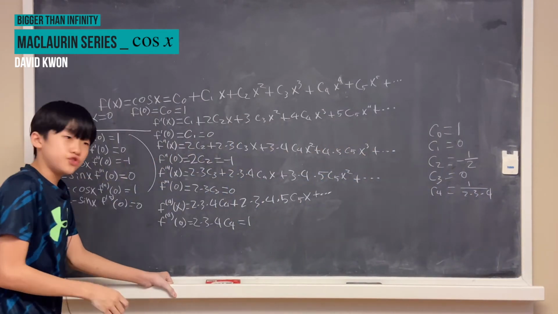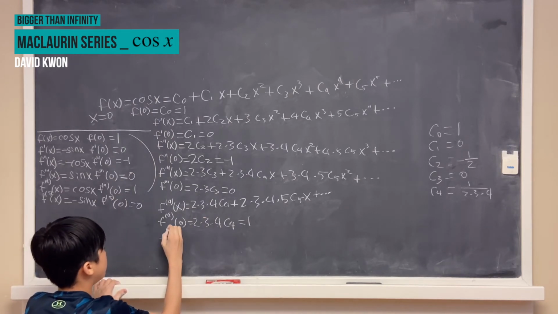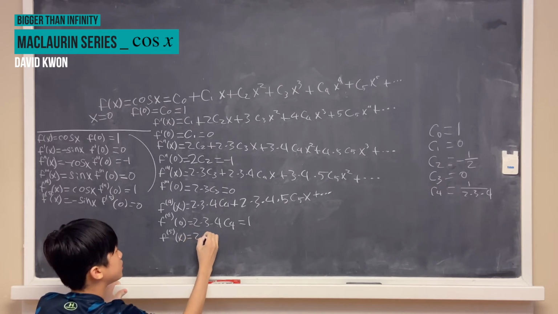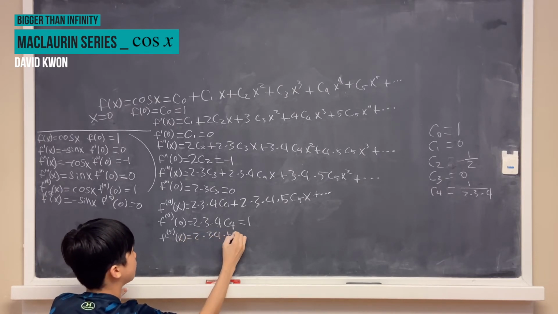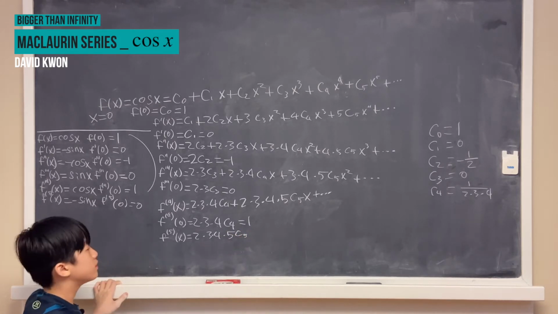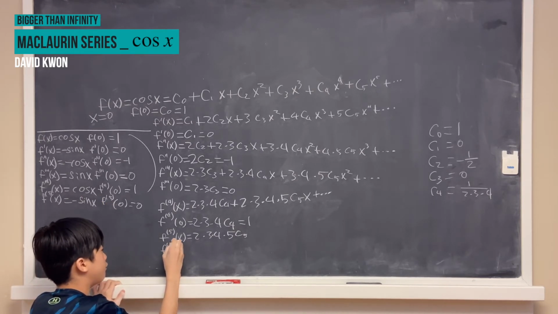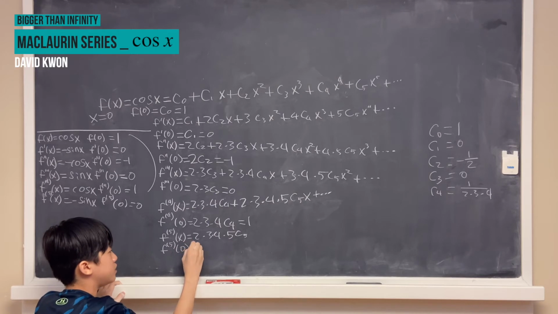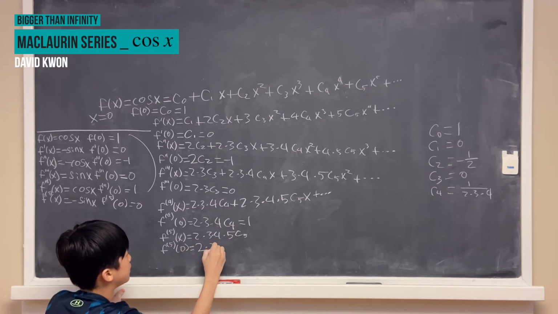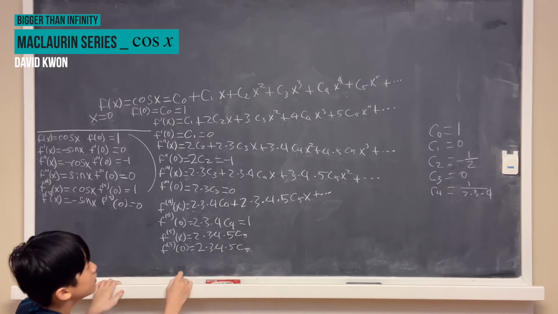Now differentiating this function again, we have f to the power of 5 x, which is equal to 2 times 3 times 4 times 5 times c sub 5. Then replacing x as 0, we have f to the power of 5, 0, which is equal to 2 times 3 times 4 times 5 times c sub 5.